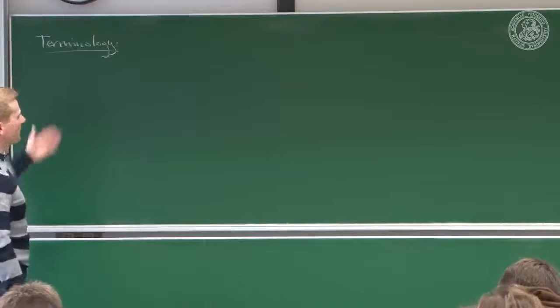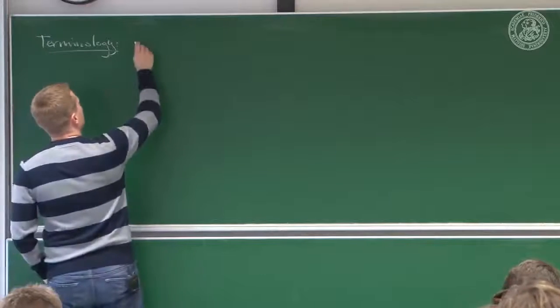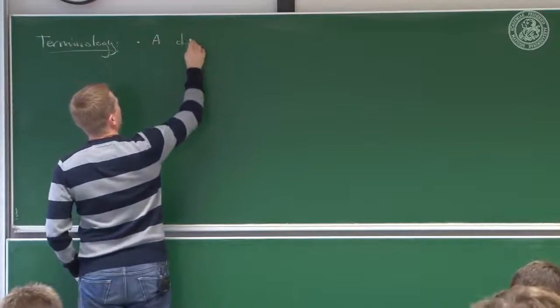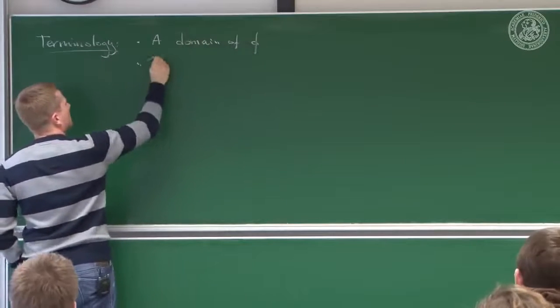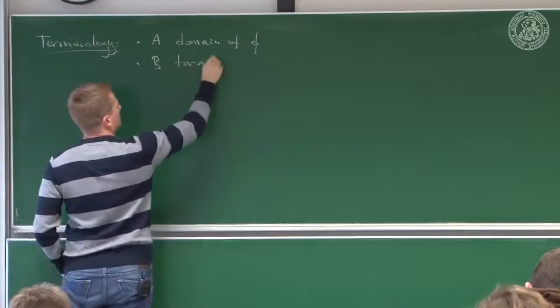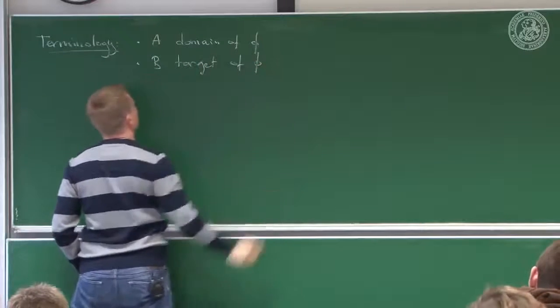So if you have a map phi from A to B, then A is called the domain of the map. B is called the target of the map.